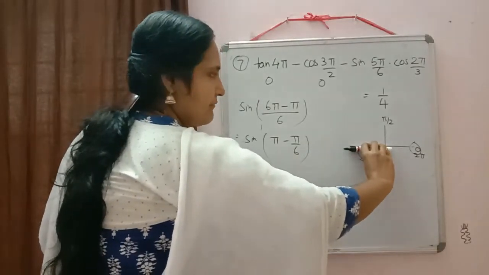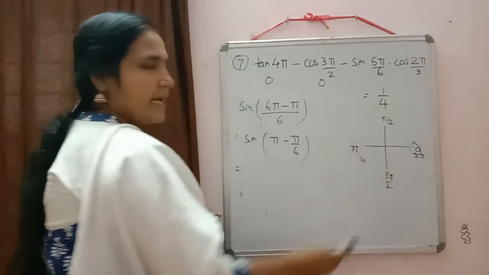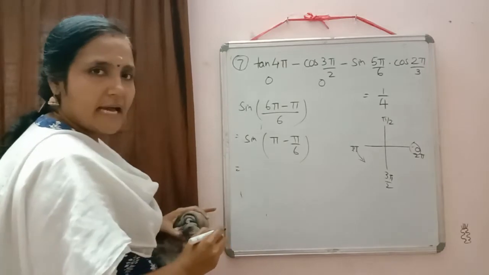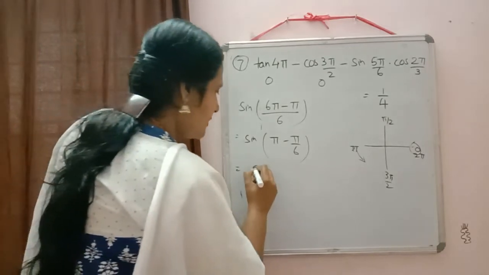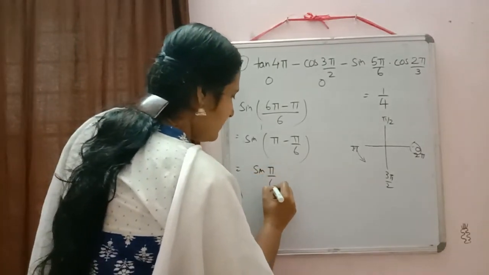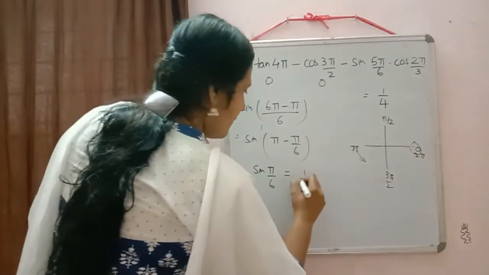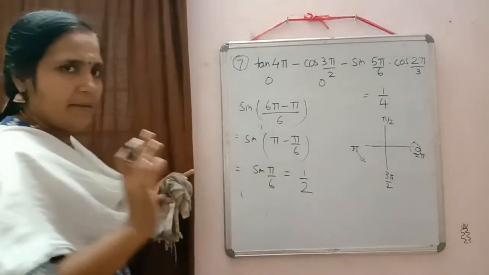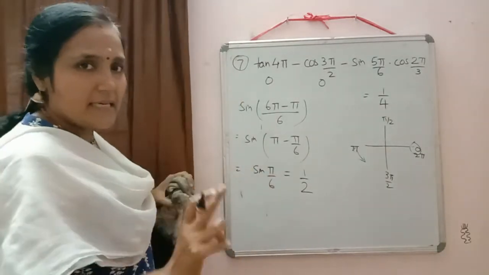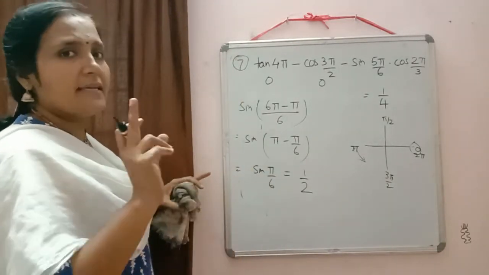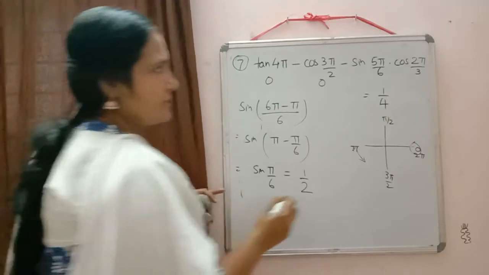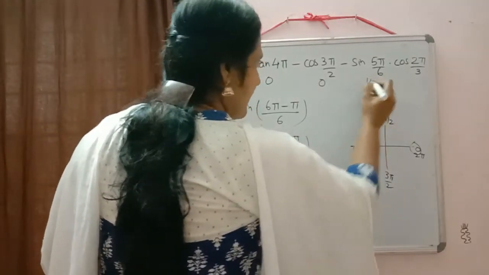Minus means where we have to go? We have to go into the second quadrant, and in the second quadrant sine is positive. So it will be equal to sine pi by 6. And the value of sine pi by 6 is 1 by 2. Remember, pi by 6 means 30 degree, and pi by 3 means 60 degree. So we got this value as 1 by 2.